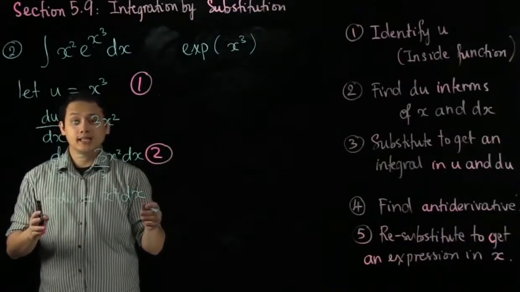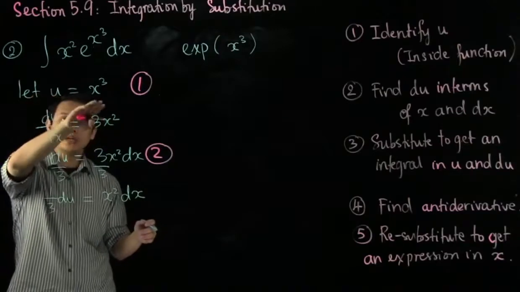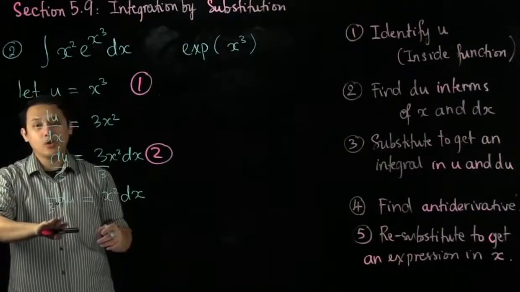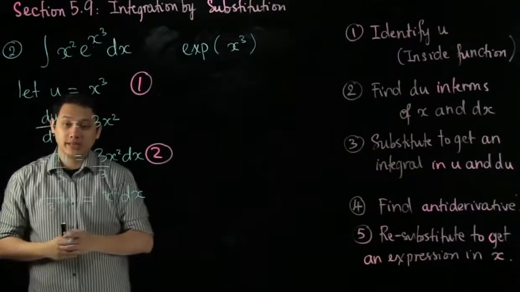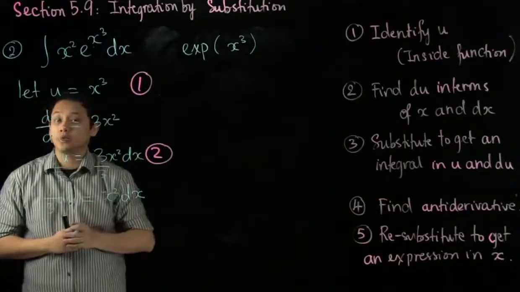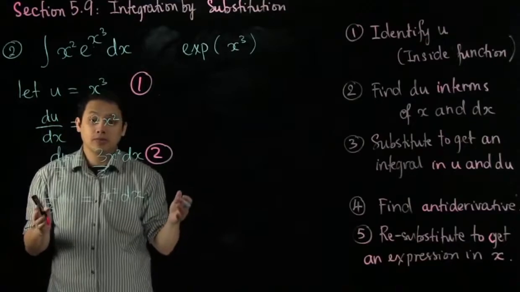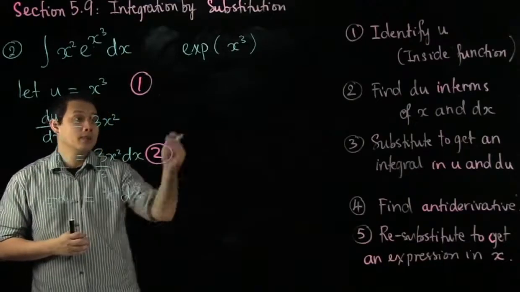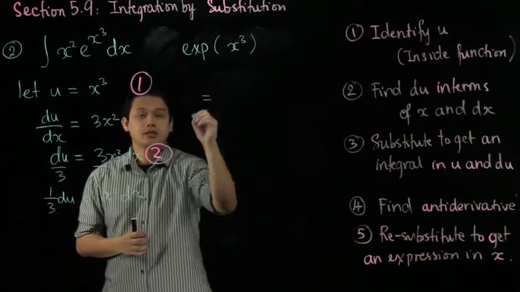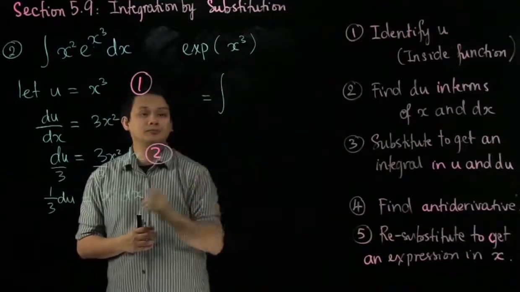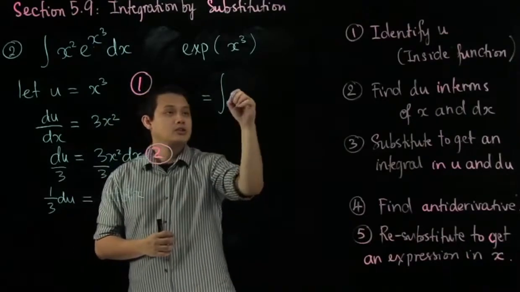You see that I have u equal to x cubed and 1/3 du equal to x squared dx. I'm going to substitute that into the original integral and get the new integral in terms of u and du. So I'm going to write over here, this is equal to the integral of e to the u.